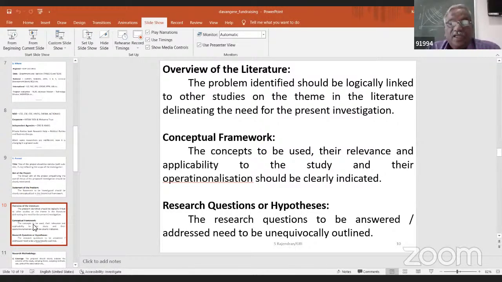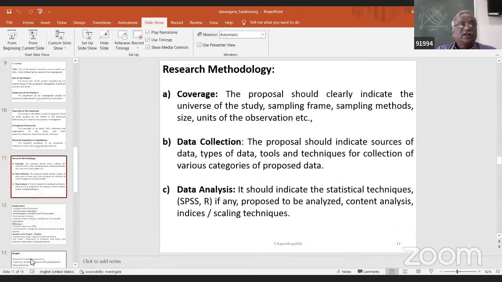The research questions or hypotheses that need to be addressed have to be clearly outlined in the research questions section, preferably after the literature part. And more importantly, the research proposal should contain a scientific methodological framework, because in social science research, we call methodological design the spinal cord of research.